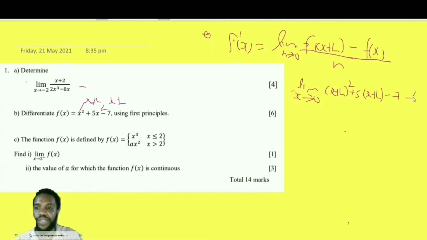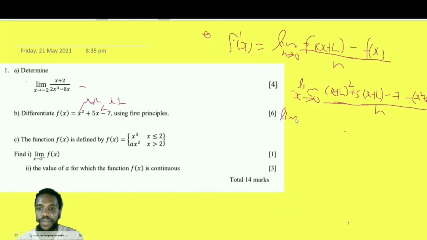All of this would subtract the original function, so I'm going to need a bracket there, which is x squared plus 5x minus 7. And all this goes back over h. Now my knowledge here is going to be very critical. Alright, so to make this simple, I'm going to use up my knowledge of a perfect square.